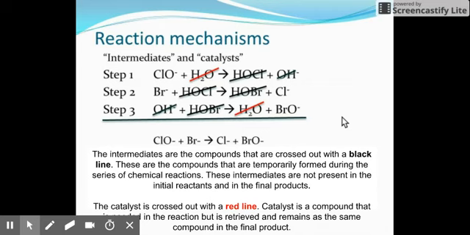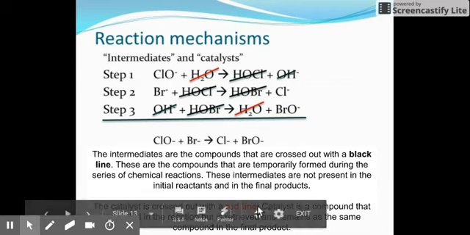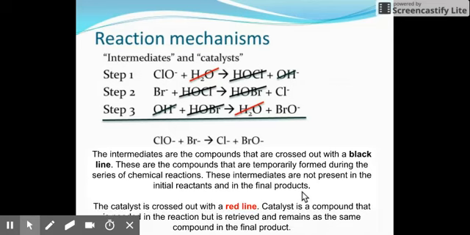On the other hand, you see water being crossed out with a red line. Water is instrumental for the reaction to proceed, but in the end, its form once again is considered the catalyst. So the catalyst here must be the same compound that triggered the occurrence of your chemical reaction, and in the end you see the same compound on the right side, so that means you can cancel them out.